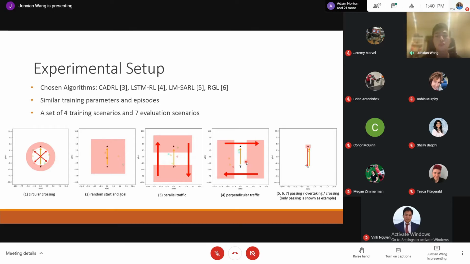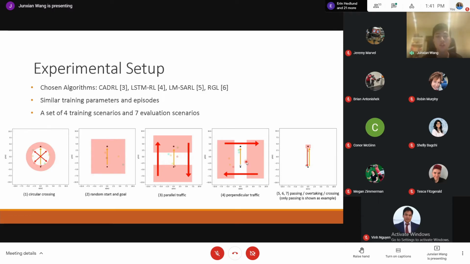I chose these algorithms firstly because they all take the observation of humans directly from the environment, rather than training on raw sensory data. This makes it much easier to train them in our 2D simulation environment and then compare them. Also, they make their code publicly available on GitHub.